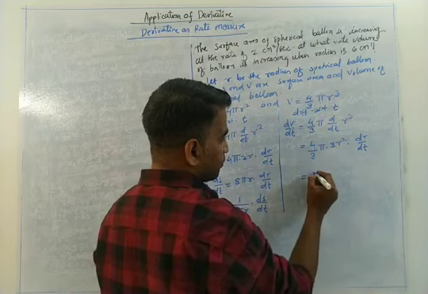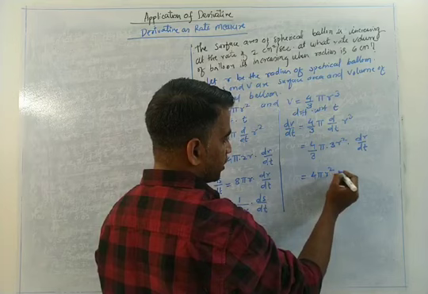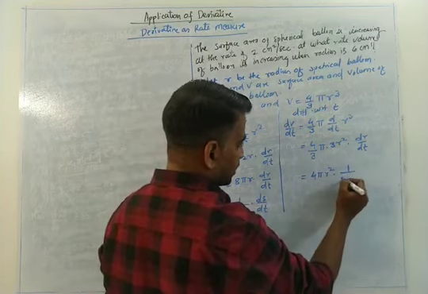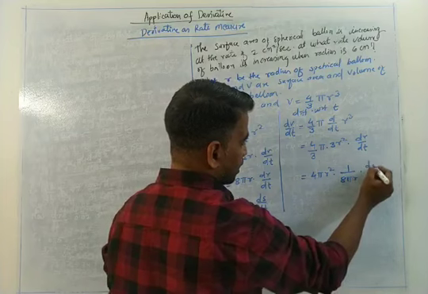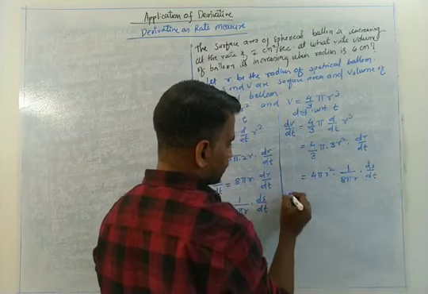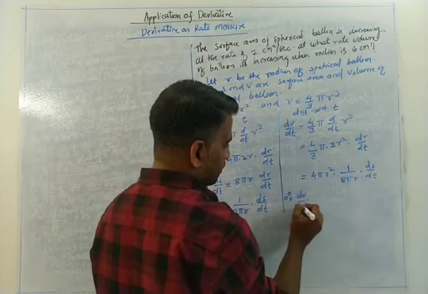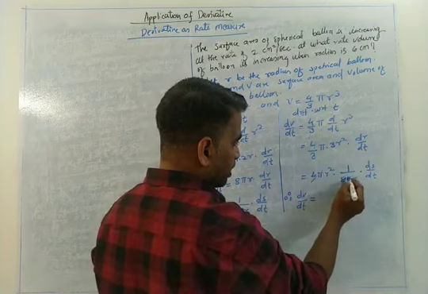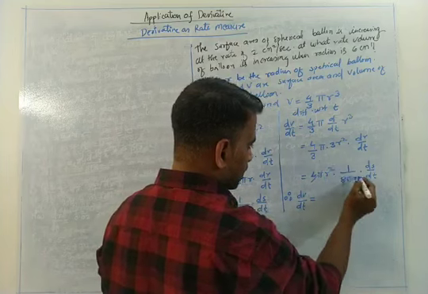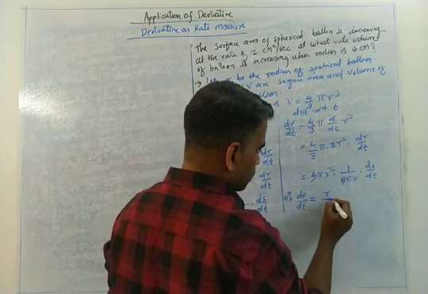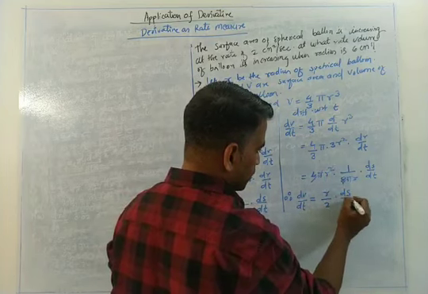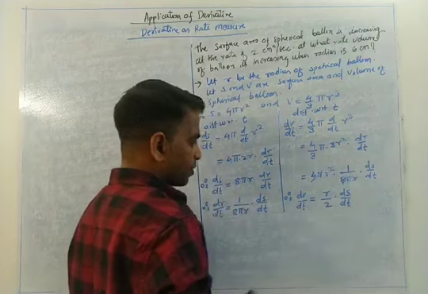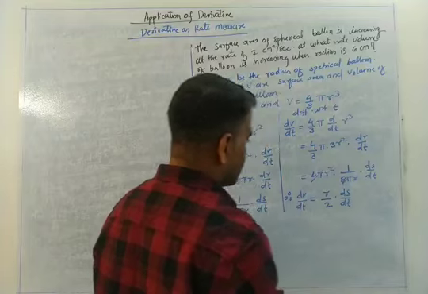So it is 4 pi r square dr by dt, but the value of dr by dt is 1 upon 8 pi r dS by dt. Therefore dV by dt is equal to 4 pi, 8 pi cancels, one r cancels, so r upon 2 dS by dt. This is the dV by dt we got.